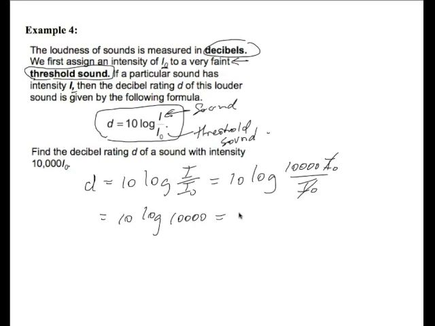Now we know the log of 10,000, because 10,000 is 10 to the power of 4, so it's going to be 10 times 4, which is 40 decibels. So that's our decibel rating for a sound that has 10,000 times the intensity of the threshold sound.